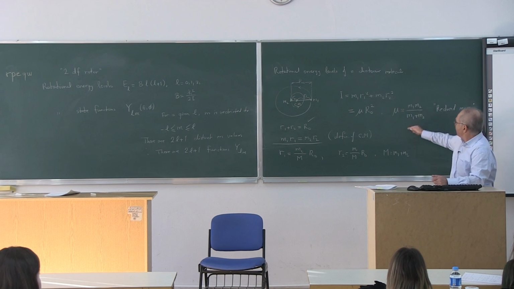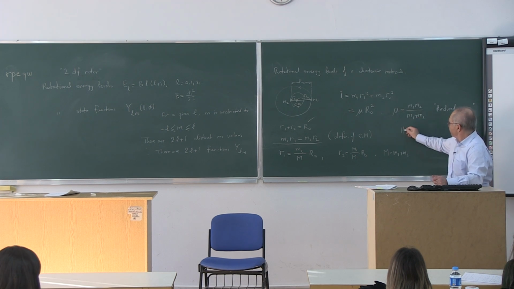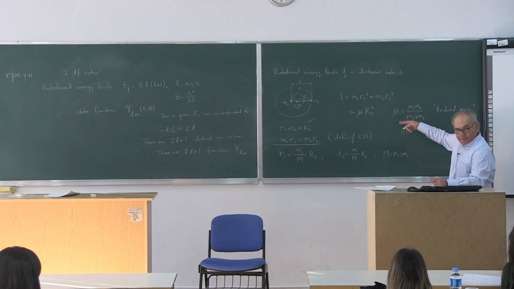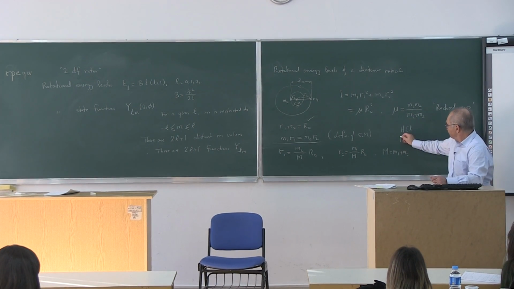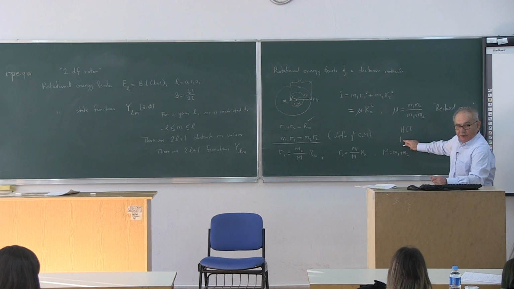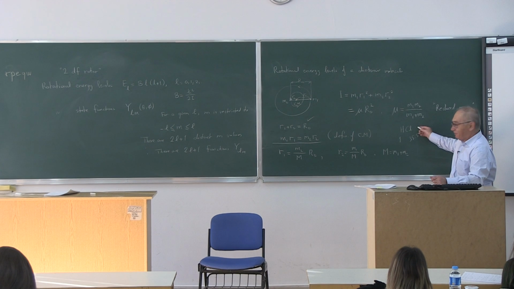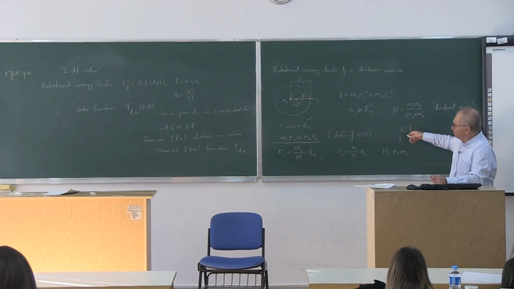For example, if we calculate this for hydrogen chloride molecule, say in gram per mole, hydrogen is 1 gram. Chlorine is, I think, 35.5, something like that.